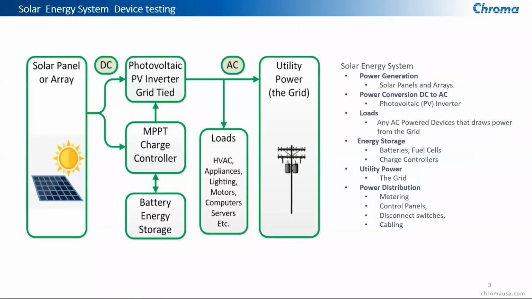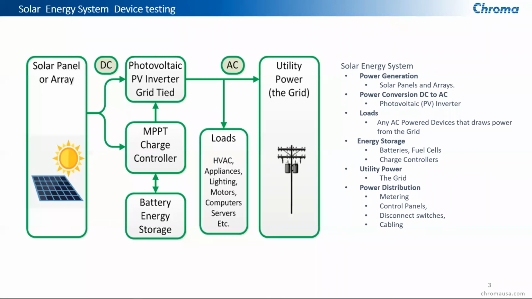To talk about solar energy systems, this little block diagram is not all-inclusive, but basically you start with a solar array panel, or solar array itself. And the solar array, as you know, gets its energy from the sun through the irradiation levels onto the solar panels.